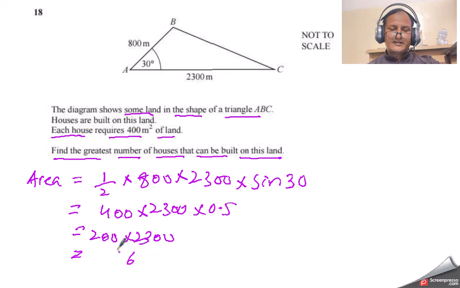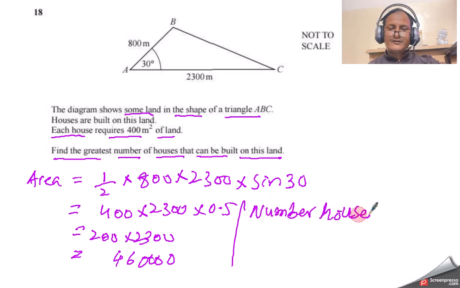Then 2 threes are 6, 2 twos are 4, and so on. Then we're supposed to find the number of houses. We divide the total area, 460,000, by 400.